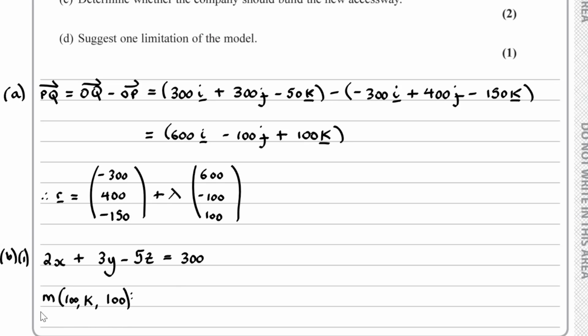If we substitute these coordinates into this equation, knowing that this point lies on the plane, we have 2 lots of 100 plus 3 lots of k minus 5 lots of 100 equals 300.